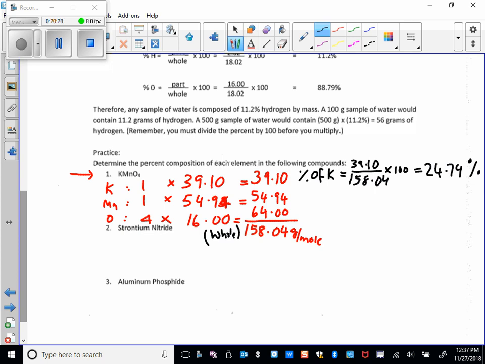Who can tell me how I will find the percent of manganese? What should I divide by what? Any student, Victoria, what do I do? 54.94 times 100.